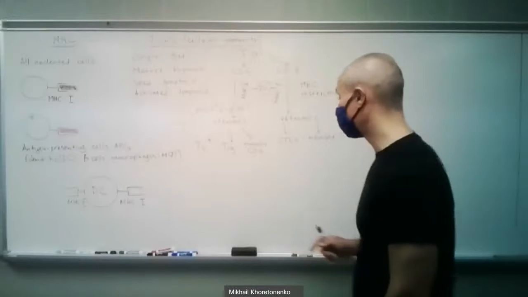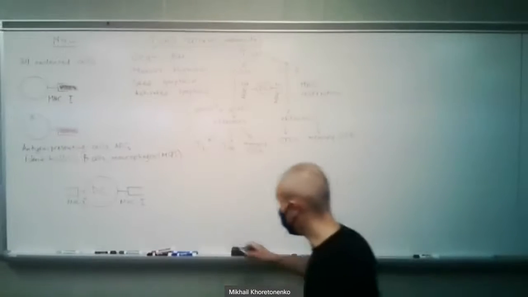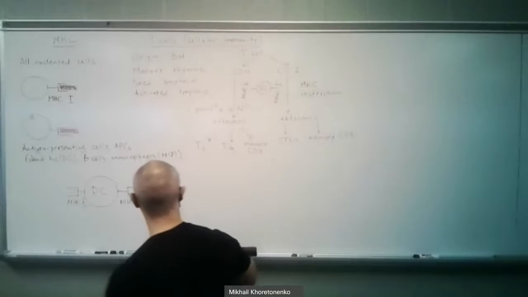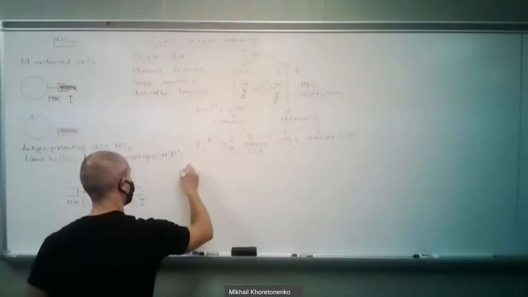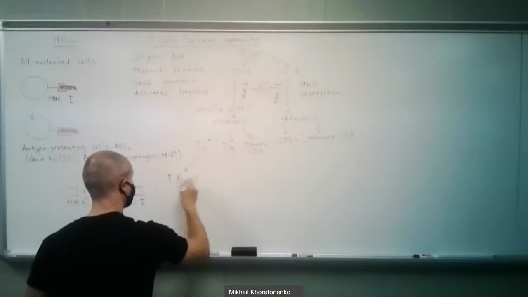Good? Okay. Now, what can T helper cells do? Now, that's quite spectacular. Look, they have three major functions. One, T helper cells can increase B cell activation.